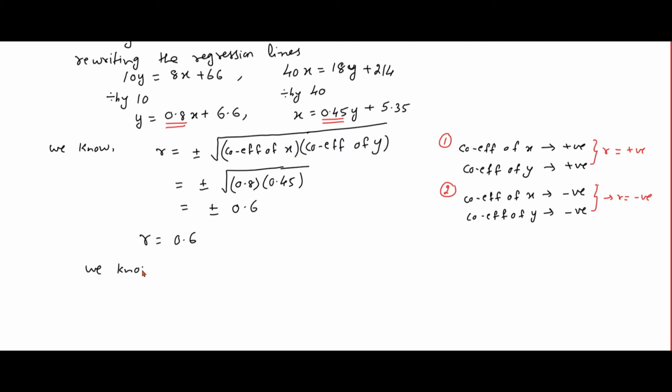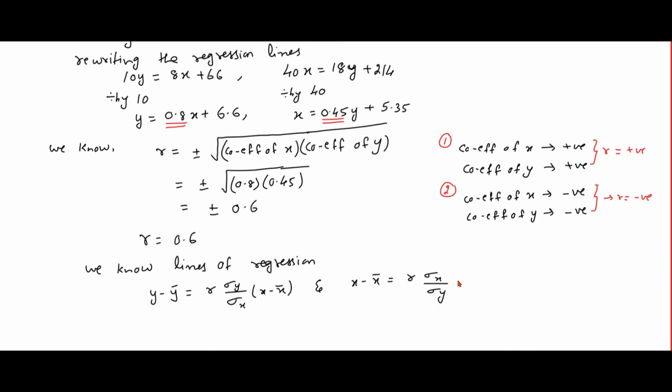We know the lines of regression: y minus y bar is equals to r into sigma y by sigma x, into x minus x bar, and x minus x bar is equals to r into sigma x by sigma y into y minus y bar. So this is the equation.